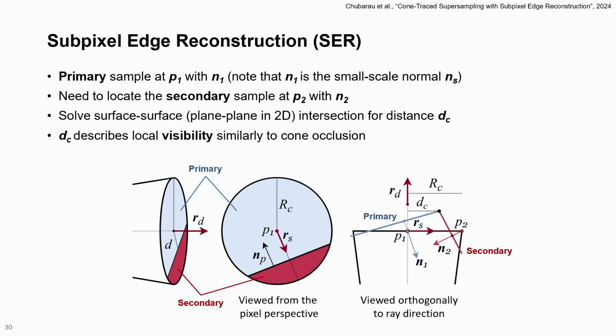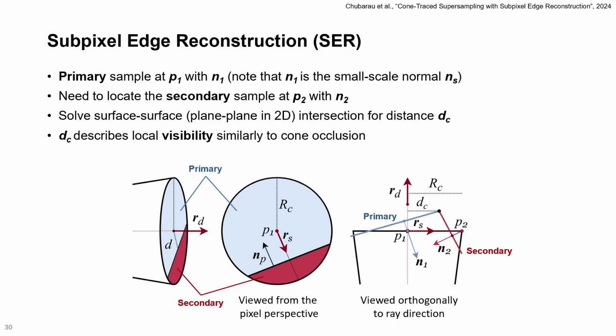In 3D this can be quite complex, but our model projects everything to 2D, which makes it a lot simpler. So we reparameterize the problem from a different perspective. Now we view the intersection orthogonally to the ray direction, and not across the circular cross section.